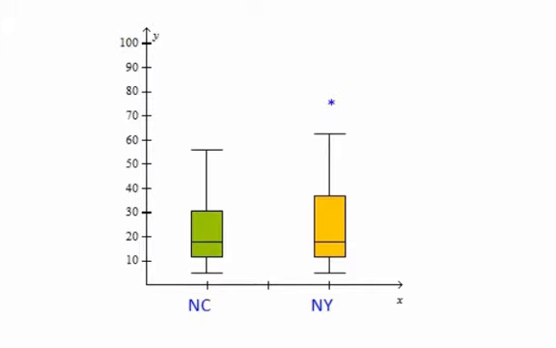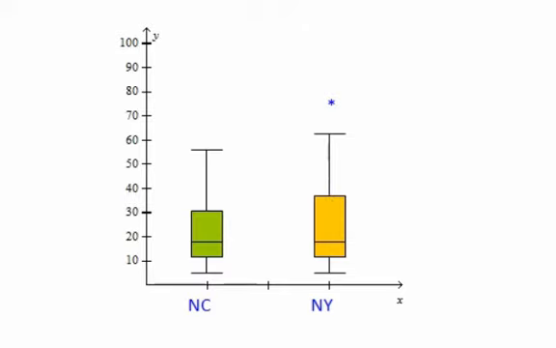If we're looking at the shape, we can see that both distributions are right skewed. Notice the long tail. For both states, the distance from the minimum to the median is much smaller than the distance from the median to the maximum, and that is what we're looking at.